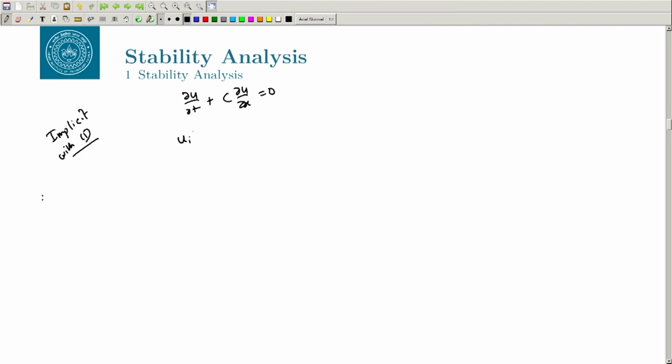So, this will become u I n plus 1 minus u I n by delta t plus c times u I plus 1 at n plus 1 minus u I minus 1 at n plus 1, divided by 2 delta x, right. Because this is implicit, you have both these terms at n plus 1, and we are trying to analyze this scheme for stability.